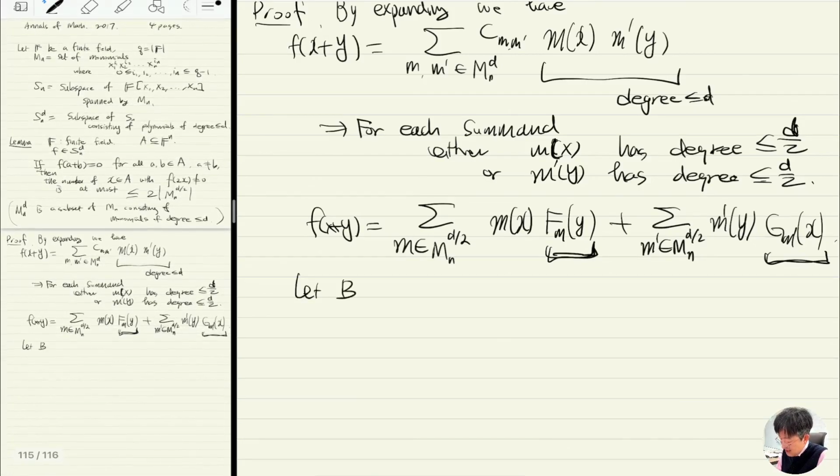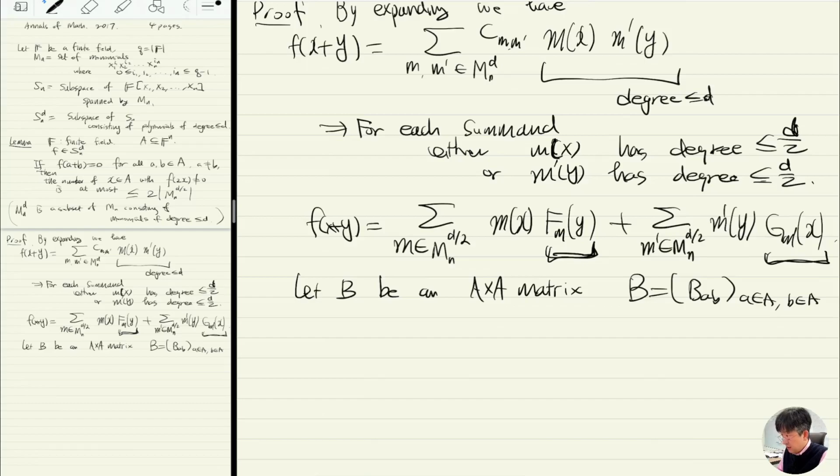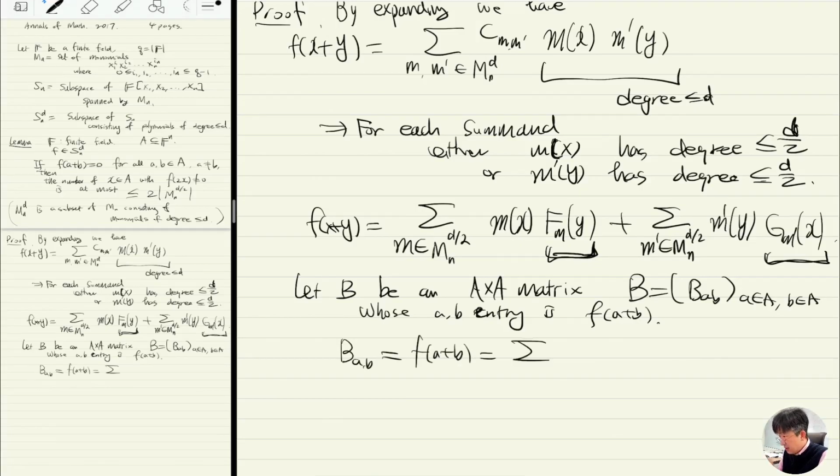Let B be an A by A matrix whose AB entry is f of A plus B. So this AB entry is f of A plus B. I can write it as the sum over all monomials m of degree at most d over 2, where each variable has degree at most q minus 1.